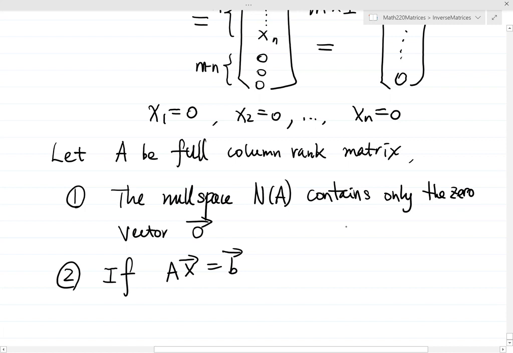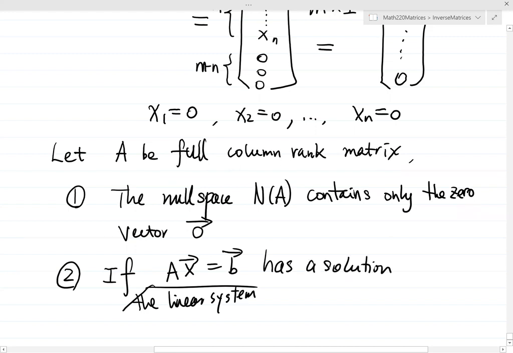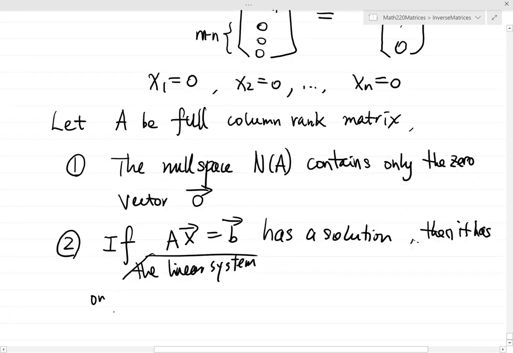So if the linear system has a solution, it's possible that it does not have a solution, but then it has exactly one solution. So if you find one solution, you know that's the only one. It has a unique solution.